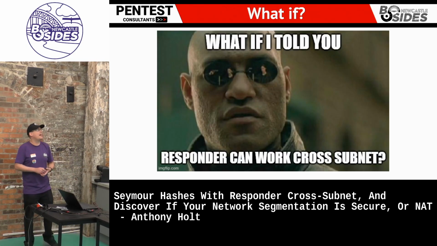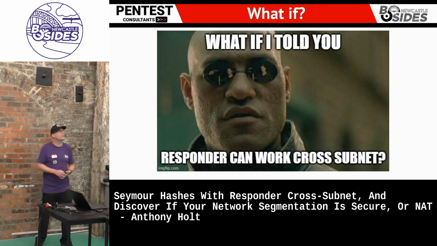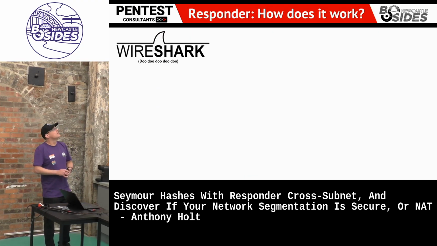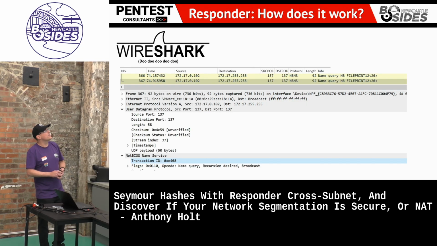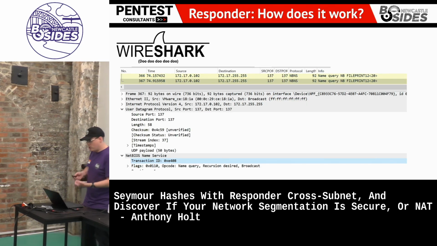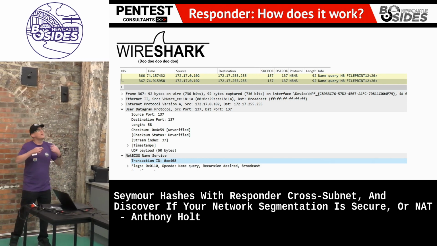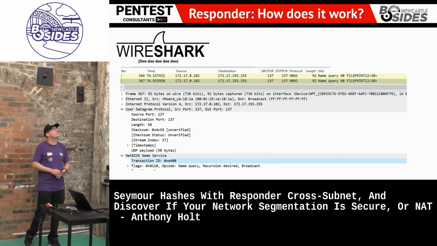And to talk about that, what if I told you that Responder can work across subnets? So how exactly does that work? Well, if we bring up Wireshark, which is a packet capture tool, and have a look at how name resolution works under the hood.